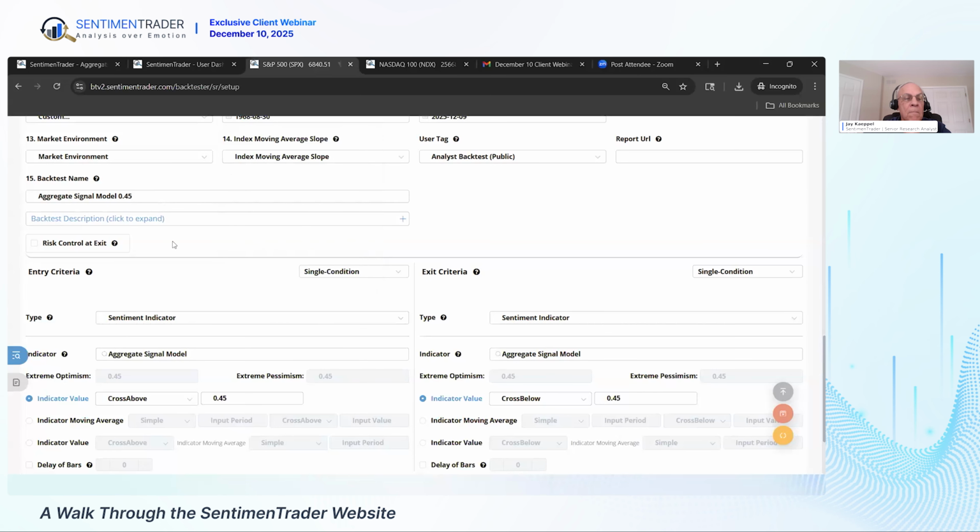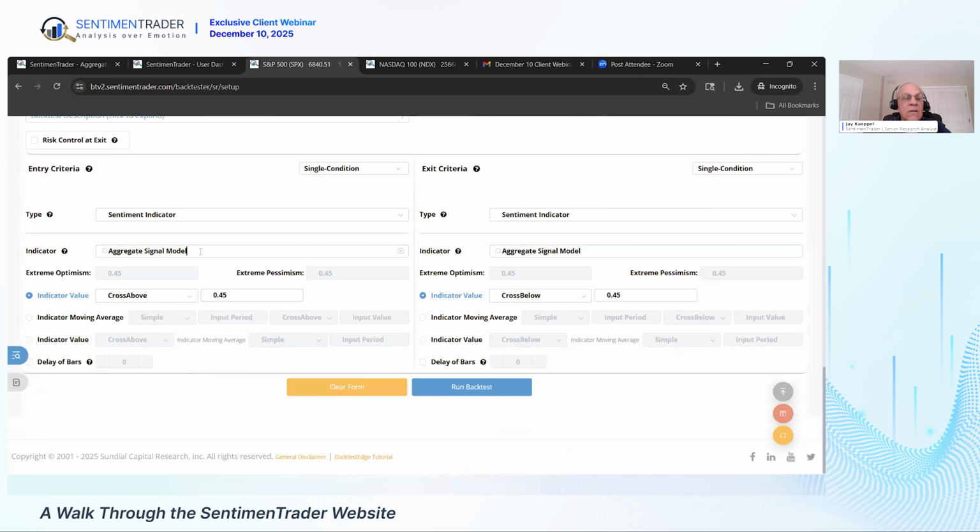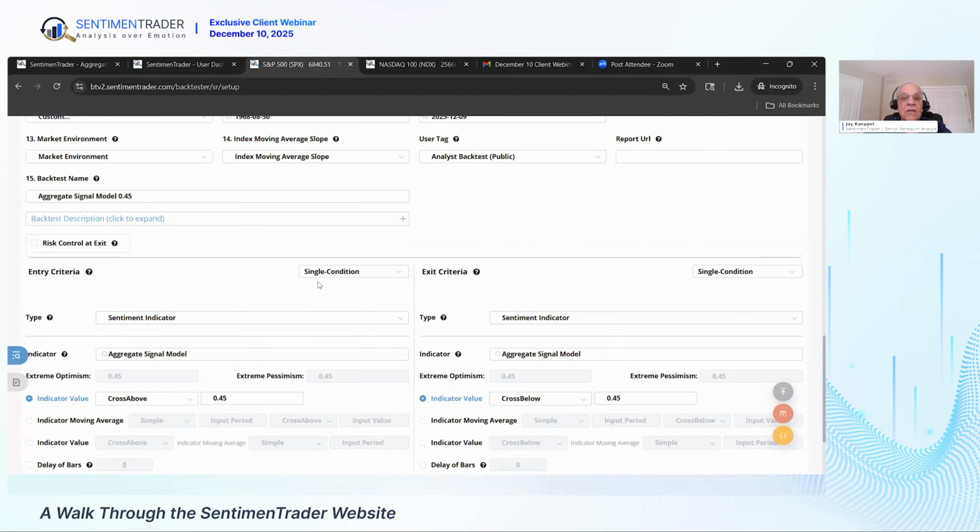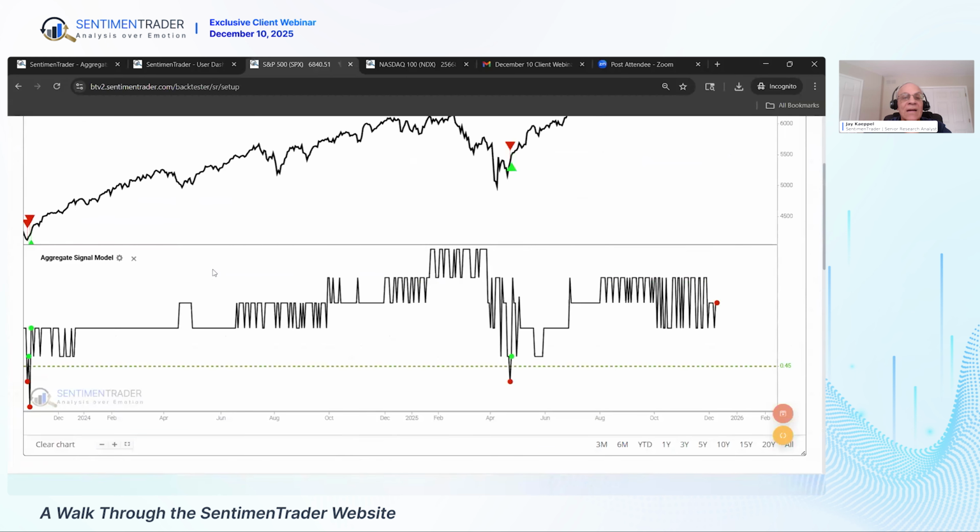I gave it a name and I selected aggregate signal model from the list. If it crosses above 0.45, that's an entry signal. Crosses below 0.45, that is an exit signal. So now we're actually talking about a trading system. We have an entry and an exit.